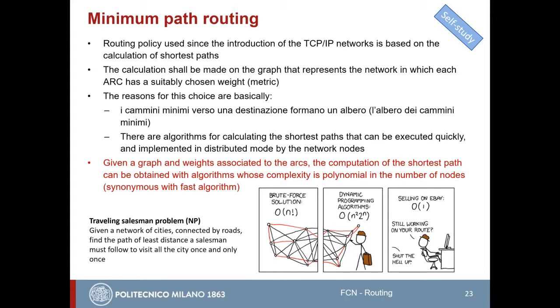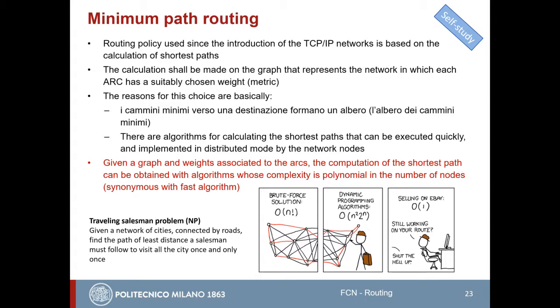So usually, each protocol has an algorithm that is able to find the best route, and in the most general conditions, the routing problem, finding the minimum path, is a problem of polynomial complexity.